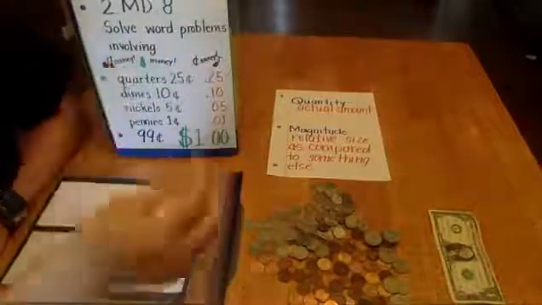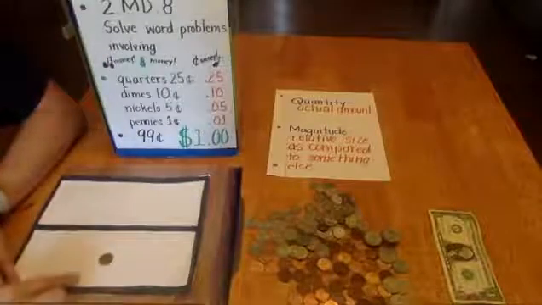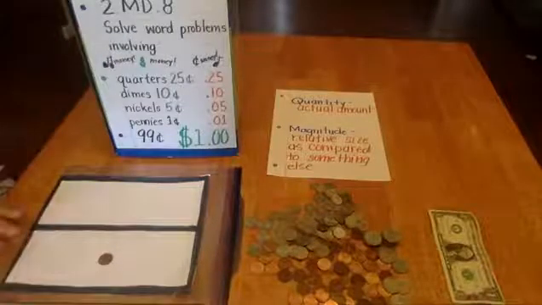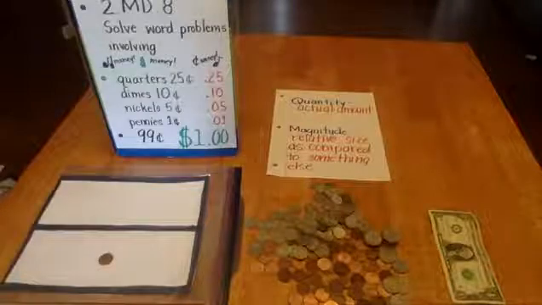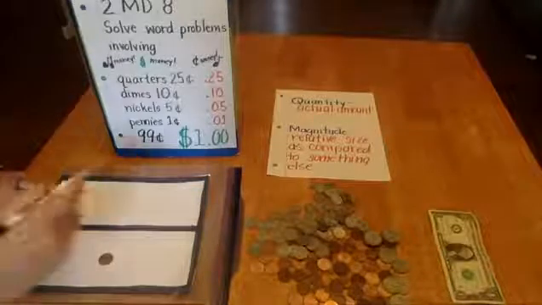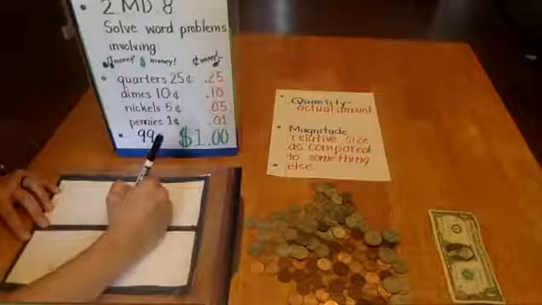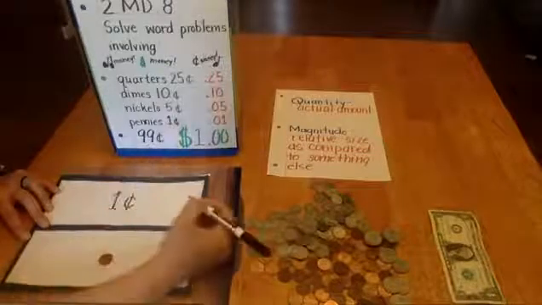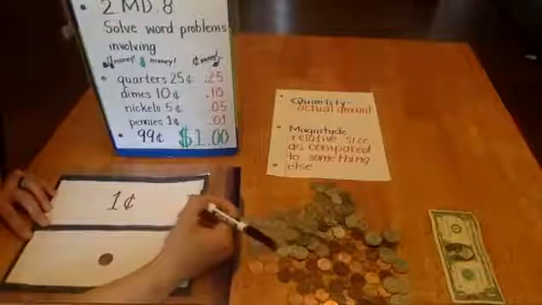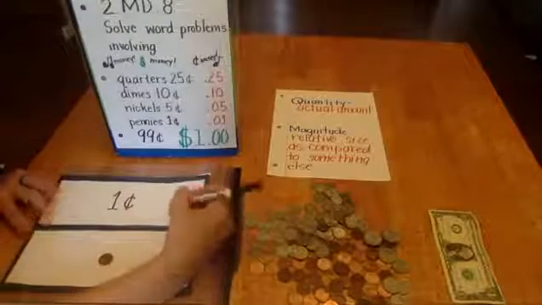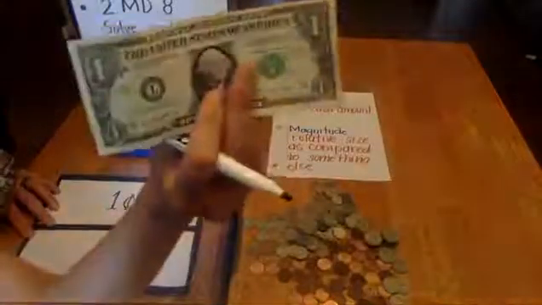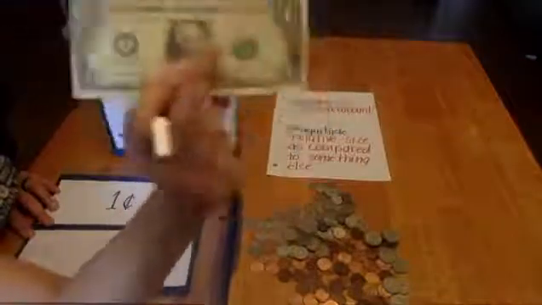Okay. So when we put the penny on our parts equal total, what do we know about the penny? We know it is worth 1 cent. Or if we were talking about the whole dollar, how many pennies would be in one whole dollar?